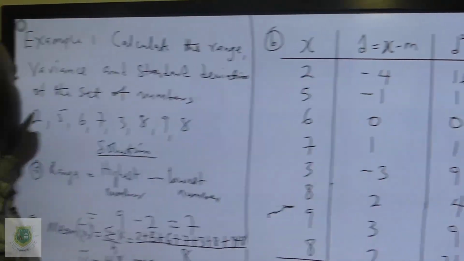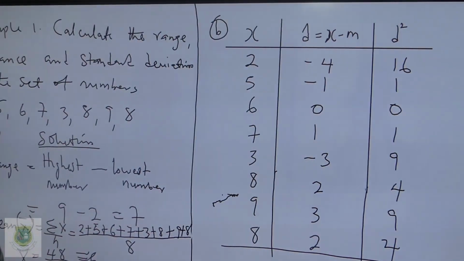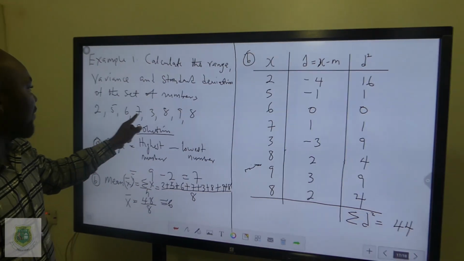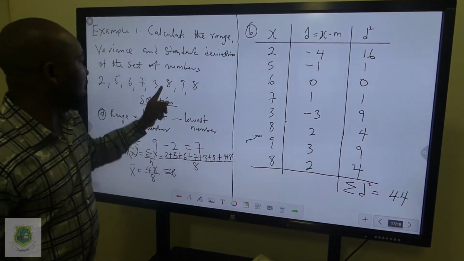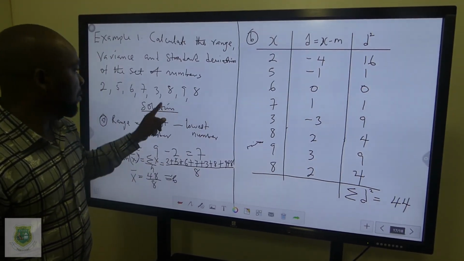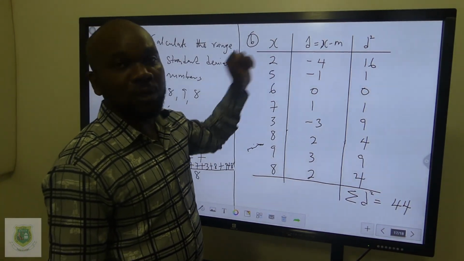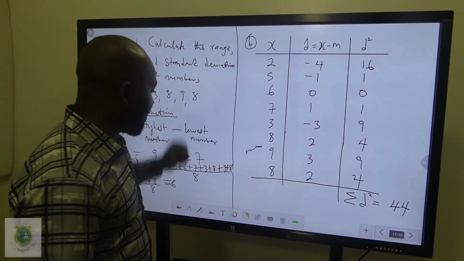Put all these numbers: 2, 5, 6, 7, 3, 8, 9, and 8. Then this one is deviation. What is deviation?